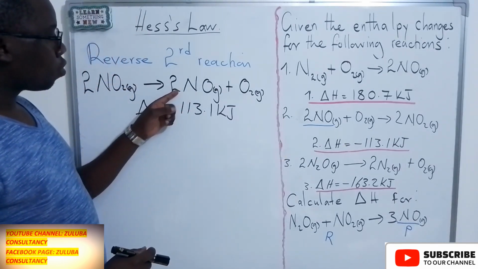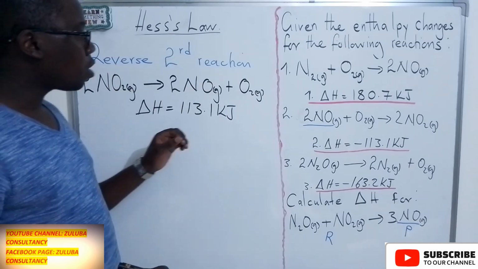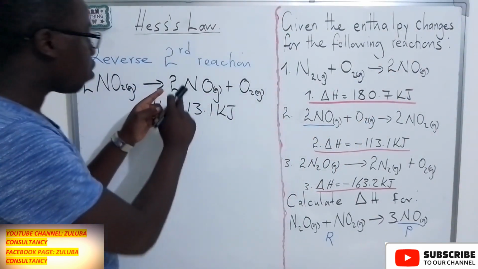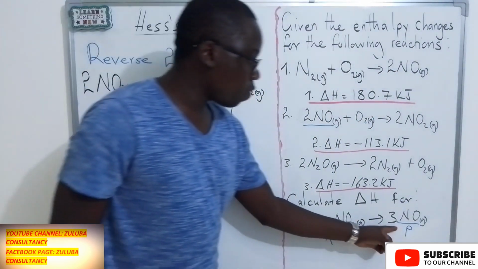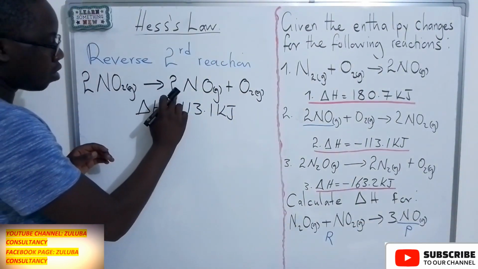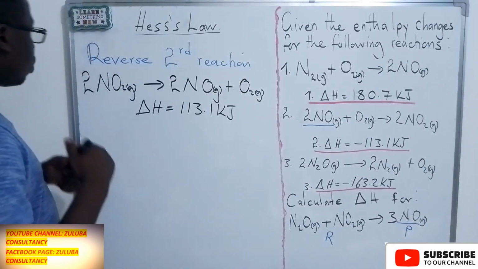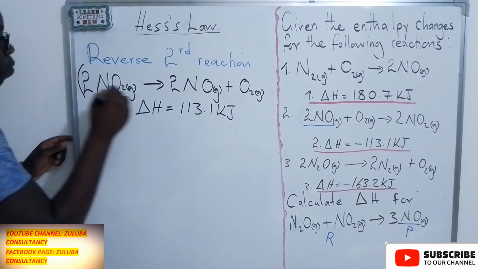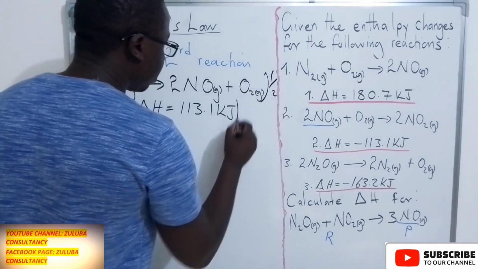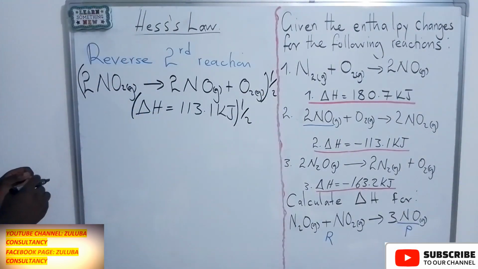We can reduce this NO to 1 so that when we add this 2 and the 1 we have reduced here, it gives us the 3. So how do we reduce this NO, which is 2, to 1? You simply multiply this reaction by half. This should be done also with the enthalpy change.